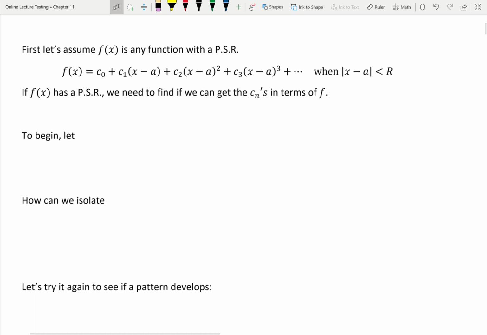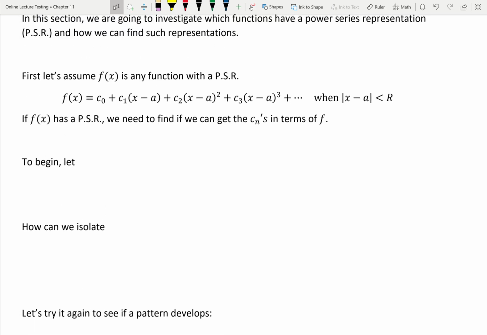So let's begin with the following. We need to figure out what happens to these values. We have c sub 0, and then c1 times (x minus a), and all of the other terms have a factor of x minus a. If I let x equal a, all the terms with a factor of x minus a go to 0, because a minus a is 0.